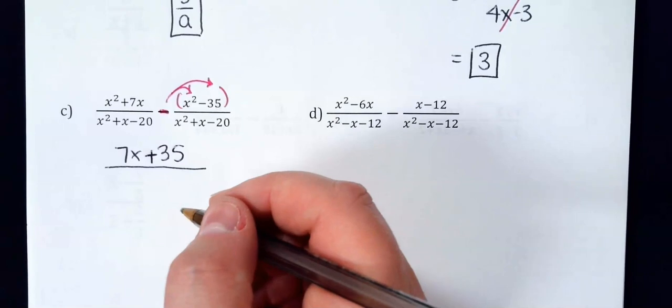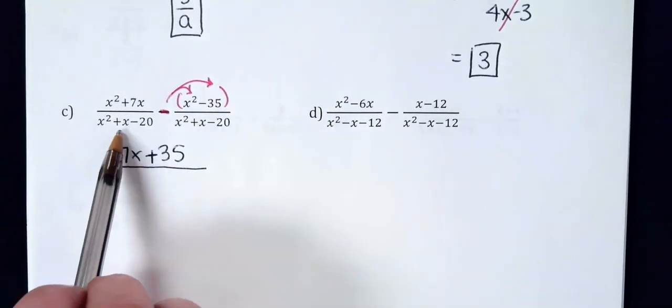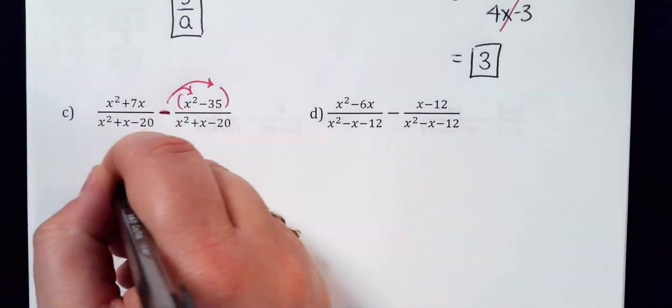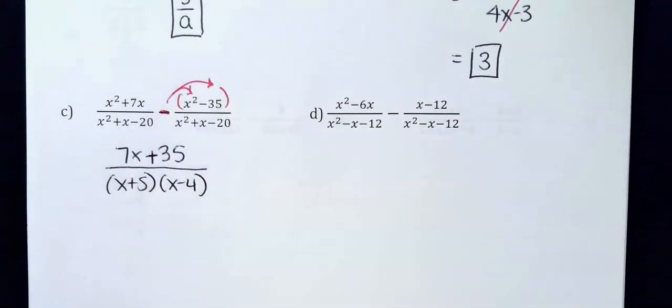And then maybe I just do this real quick to see if anything cancels. Can anybody tell me how I could factor x squared plus x minus 20? Multiply to get negative 20, add to get positive 1. Yes. Okay, x plus 5, x minus 4. And can I factor the 7x plus 35 in any way? 7.